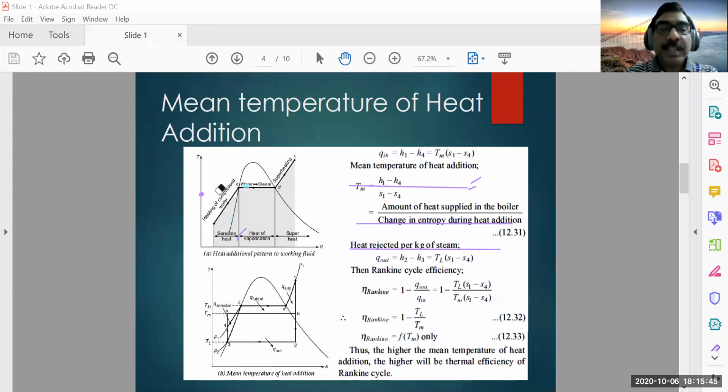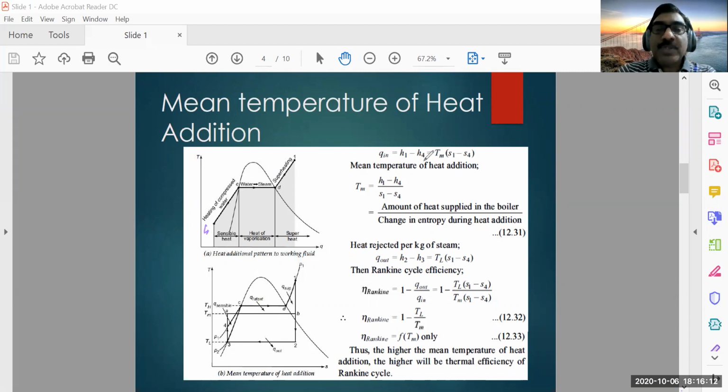Here you can see what Qin is. Qin is equal to H1 minus H4. This one is point 4. So the difference of enthalpies of 1 and 4 is nothing but the amount of heat added.